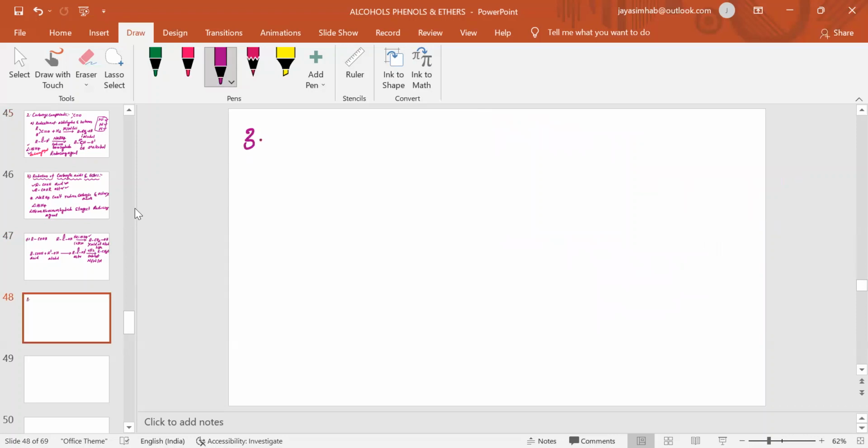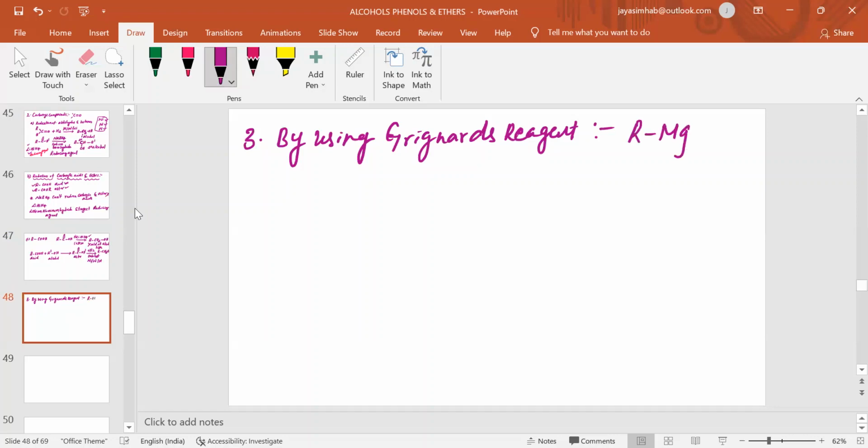Third one, by using Grignard's reagent for the formation of alcohols. So what is Grignard's reagent? Alkyl magnesium halide.